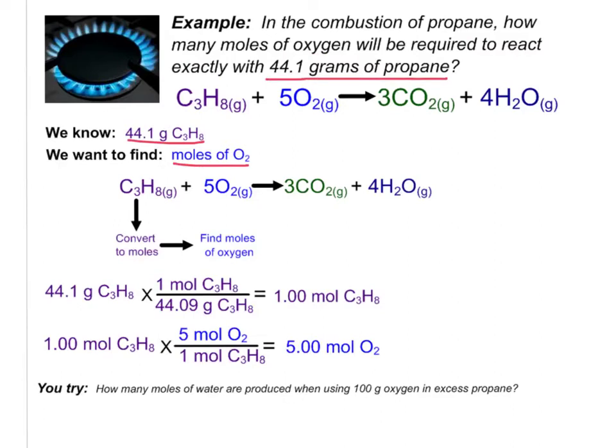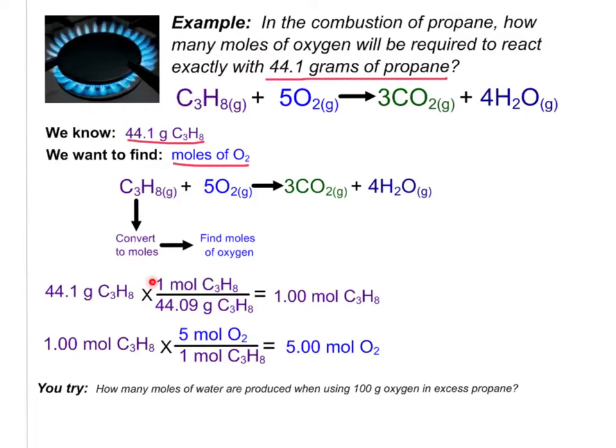First, we take our equation, we make sure it's balanced, and it is a balanced chemical equation. So we're already part of the way there. The first thing we want to do is convert our grams into moles so that we can look at that basic fundamental mole to mole relationship. So remember how to do that. We take our grams of propane and we multiply by the molar mass.